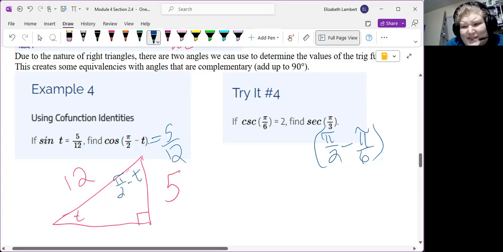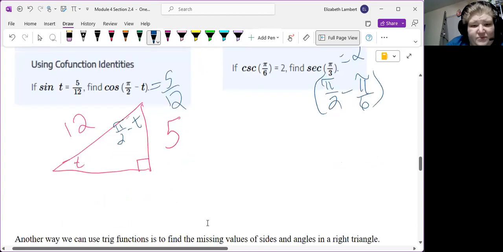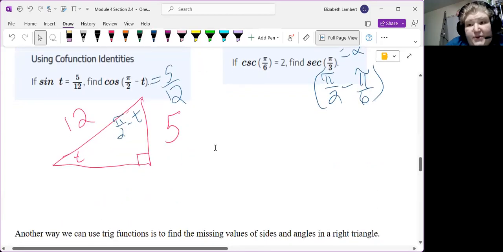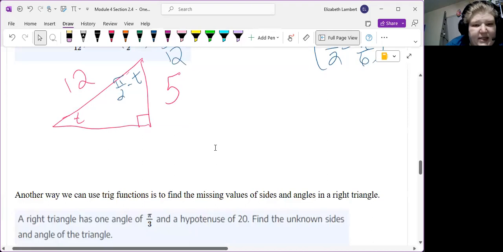So this is really the same relationship that we just used in example 4. They just wrote it with the reciprocals. As long as they're real numbers, it works. So if the cosecant of pi over 6 is 2, the secant of pi over 3 is 2. I think you might have 1 or 2 of those on your homework, but they're kind of silly.